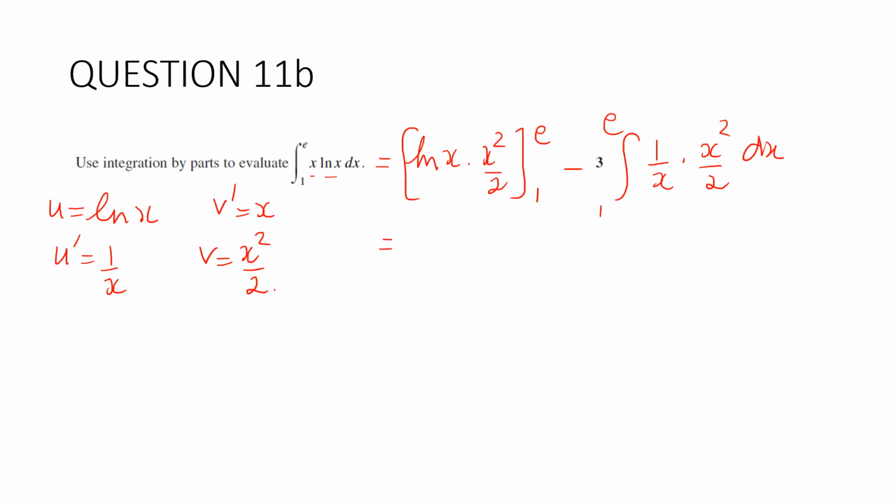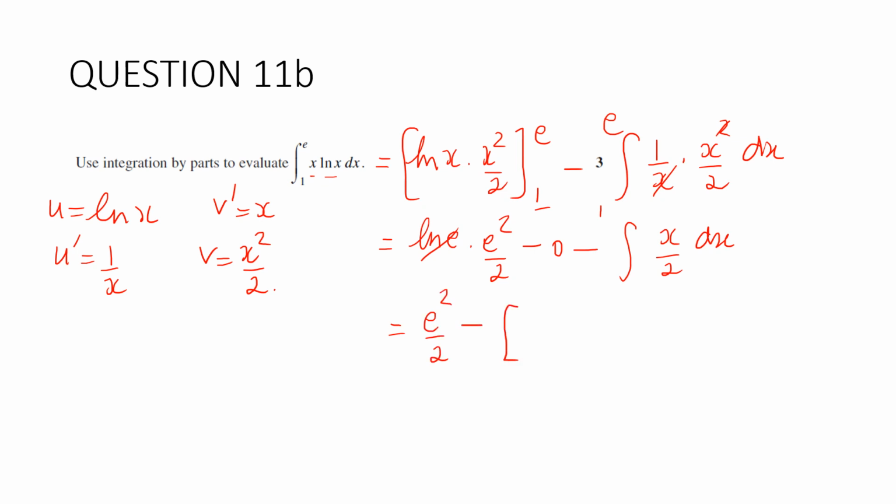is equal to, substituting in, we get ln e times e squared on 2, take away, substituting that 1 in, I get ln 1, which is 0. Take away, let's tidy this up, we have got x on 2 dx. And ln e is 1, so e squared on 2, take away the integral between 1 and e.